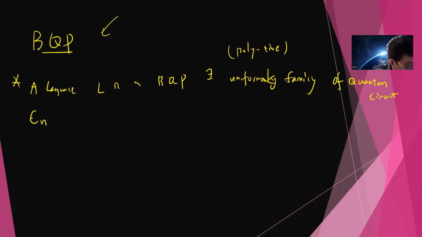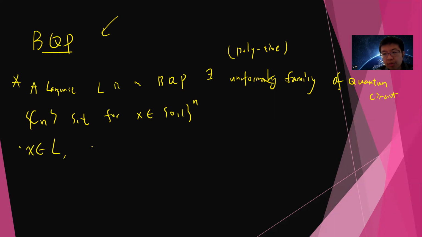Let's call the circuits Cn, and for input x1 to xn, if x belongs to L, then your quantum circuit needs to output 1 with successful probability greater than or equal to 2/3.